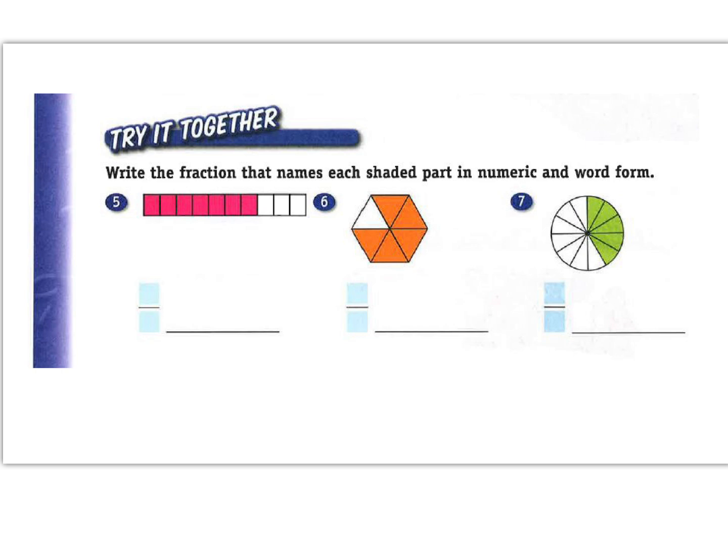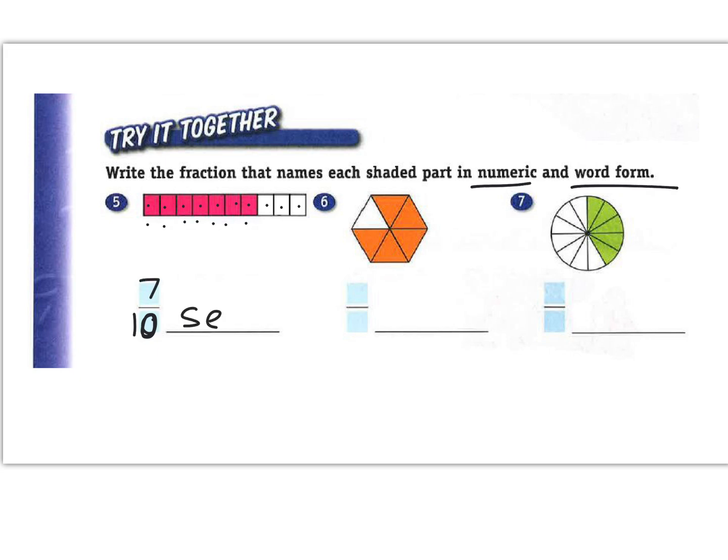This says we're going to write the fraction that names each shaded part in numeric, so number, and word form. So here, number 5, let's count how many total pieces there are. 1, 2, 3, 4, 5, 6, 7, 8, 9, 10. So 10 pieces. And out of those 10, 1, 2, 3, 4, 5, 6, 7 are pink, 7 are shaded in.